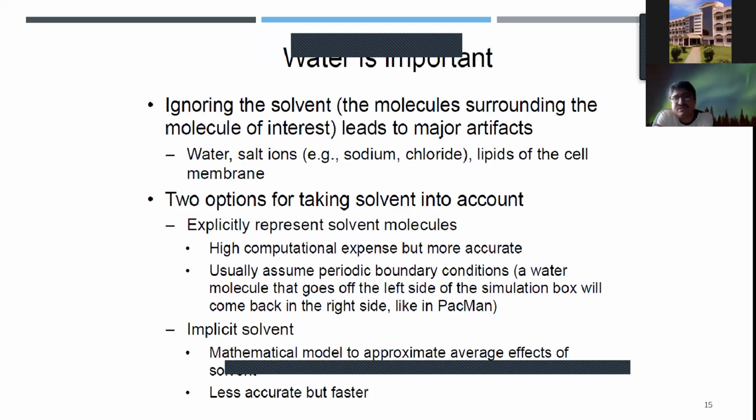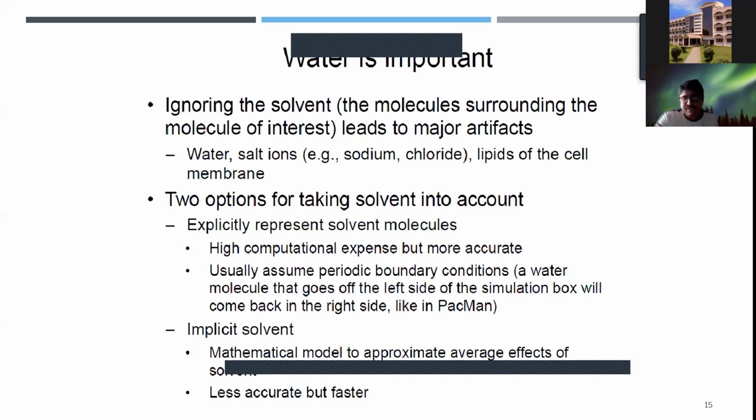If you want to study some membrane proteins, then the lipids are built, and the protein is inserted between the lipids, and then we perform the simulation. There are two ways we can account for the water: explicitly or implicitly.